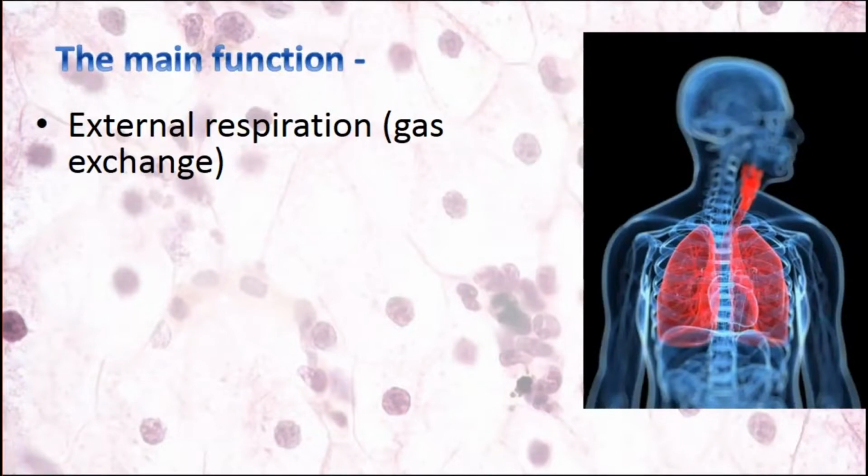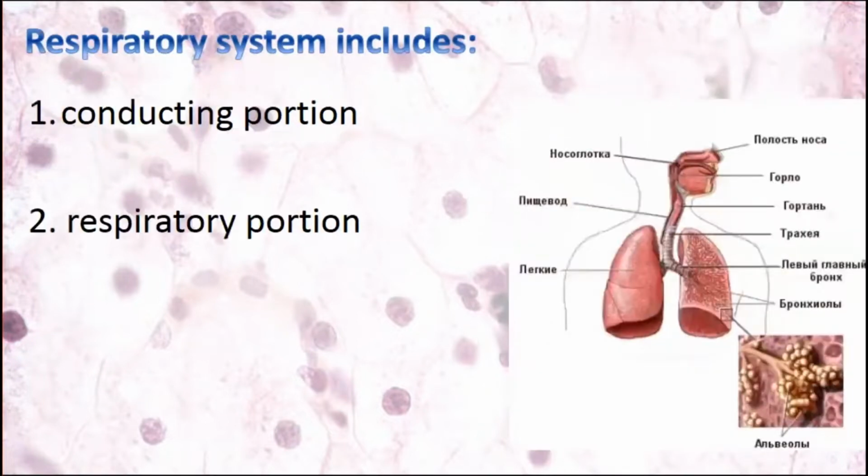The main function of the respiratory system is external respiration, or gas exchange. We release carbon dioxide into the outer environment and we receive oxygen, and this exchange is provided by the respiratory system. According to the functions of the respiratory system, we divide it into conducting and respiratory portions. The conducting portion conducts air.